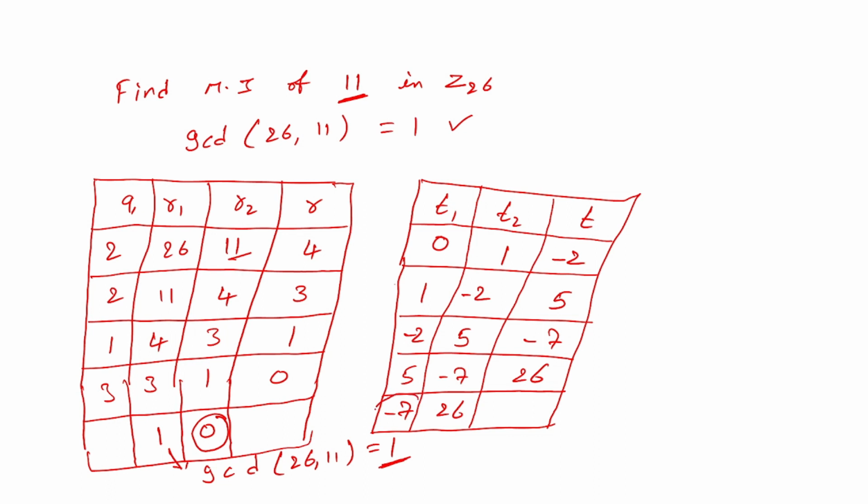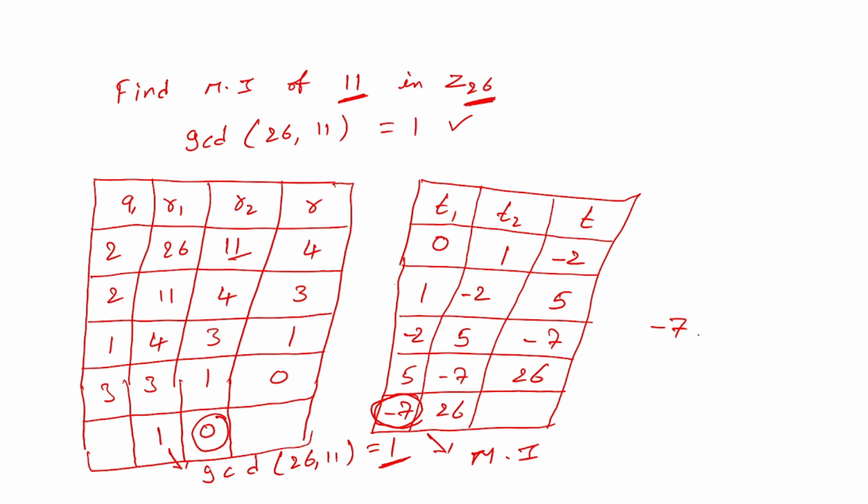Whatever the T value is there, this is the multiplicative inverse. So you need to write the positive value only. Here we get a negative value. How can you convert the negative value to a positive value? Minus 7, and here the modulus value we are taking is 26.